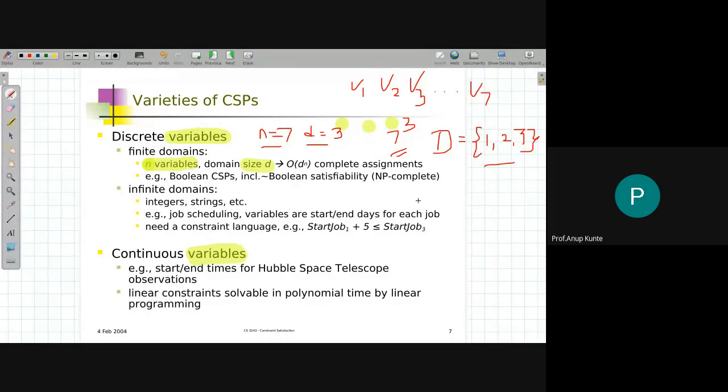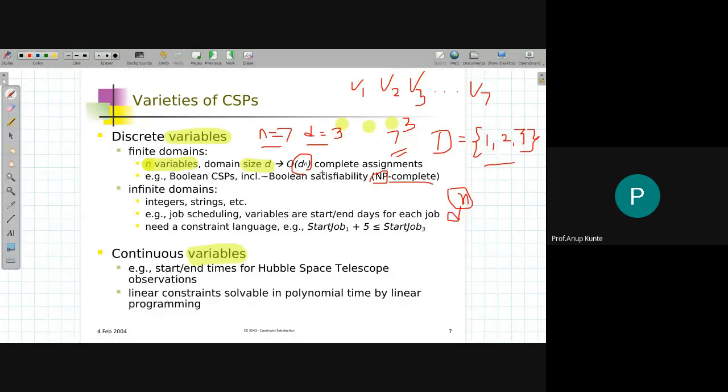This is a very large number, but how many of them will be consistent? The consistent assignments will be very few. And that is why it is a non-polynomial time problem, because the order is d raised to n, where n is the number of variables. So n is the input size here, and I am exponentially increasing the amount of time required.